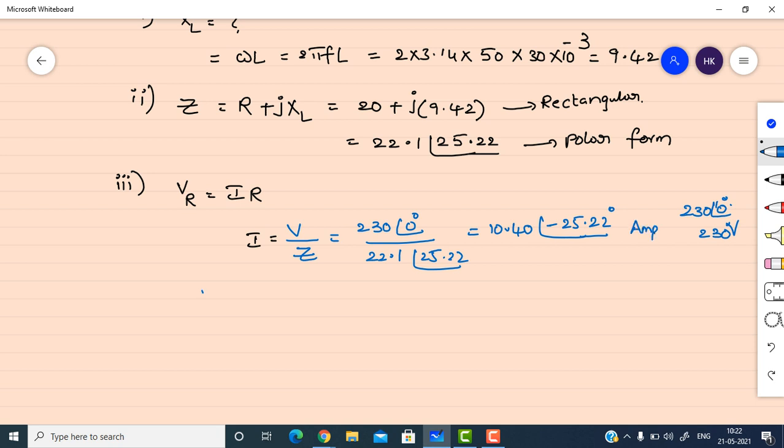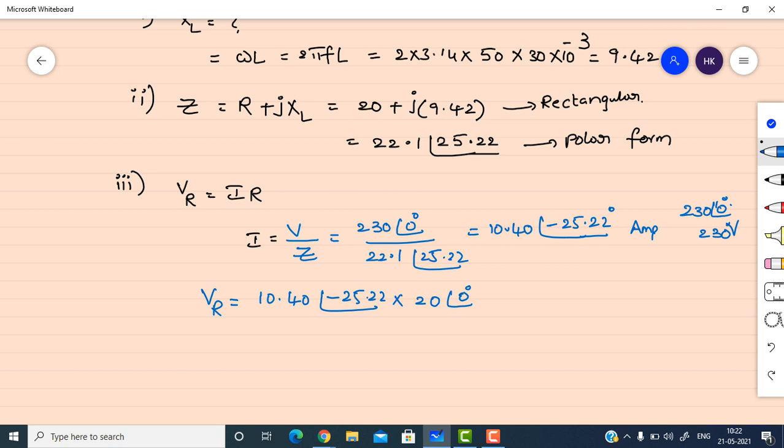But we need the voltage drop across the resistor, VR. VR is equal to 10.40 at an angle minus 25.22 into the resistance value 20 at an angle 0. If the angle is not mentioned, it is 0 degrees. Multiplication is also performed on polar forms only.